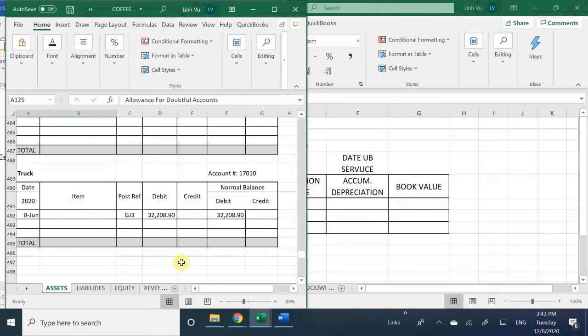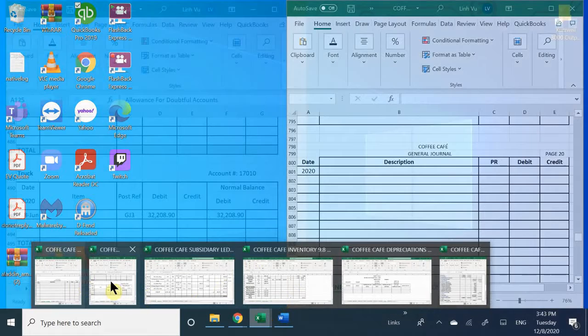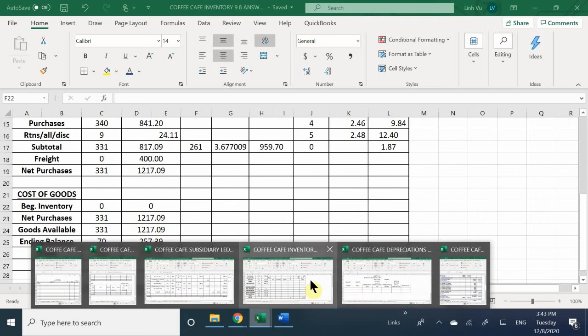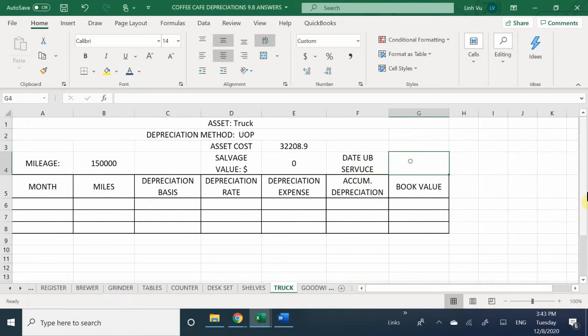June 8th. What's the assumption when you immediately drive off the parking lot? It depreciates the minute you drive off the parking lot. So that means you put your asset in service the day you purchased it, in this case June 8th. Did you do the whole month of June because it's before the 15th? Exactly. So that means we have to depreciate for the month of June.